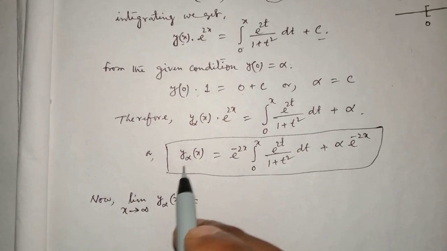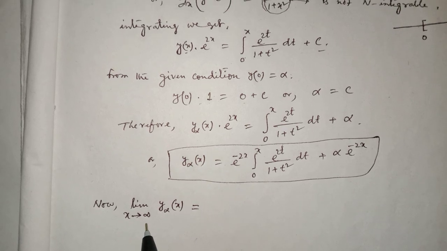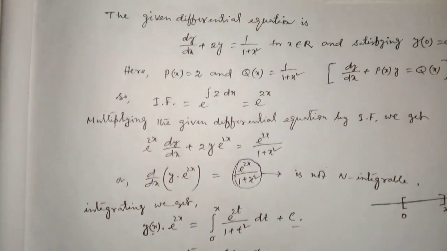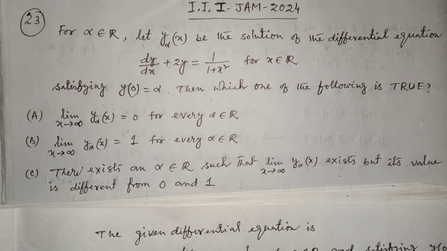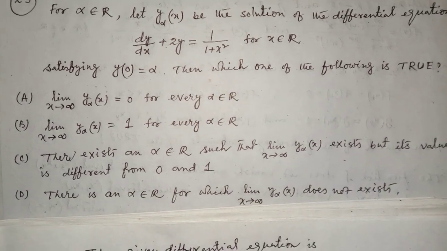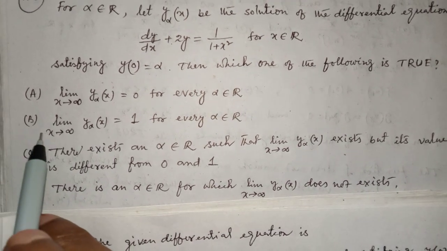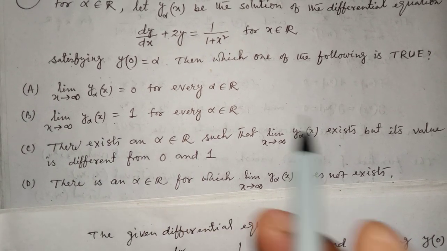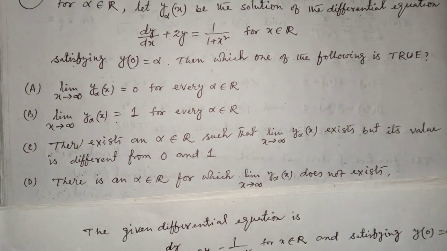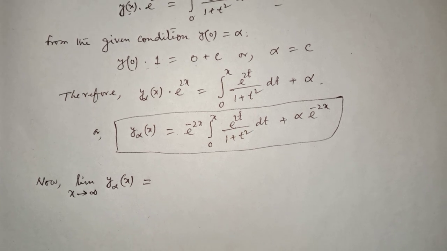Now we find out the limit of y alpha of x as x tends to infinity, because in our first option it is said that limit x tends to infinity, y alpha of x is equal to 0 for every alpha belongs to R, and in option B, limit x tends to infinity, y alpha of x is equal to 1 for every alpha belongs to R. So now we find out the value of y alpha x as x tends to infinity.